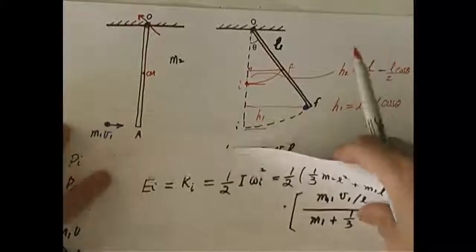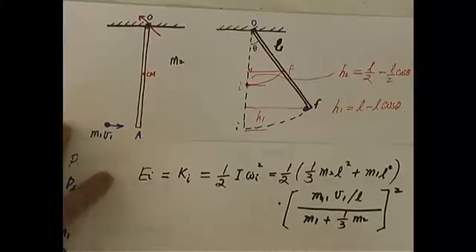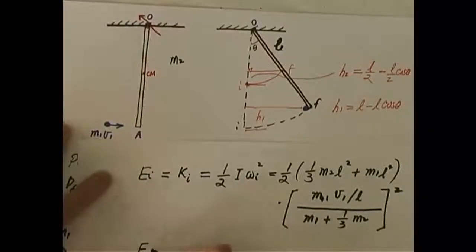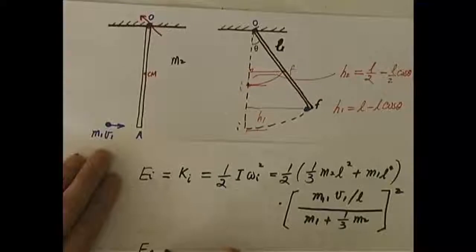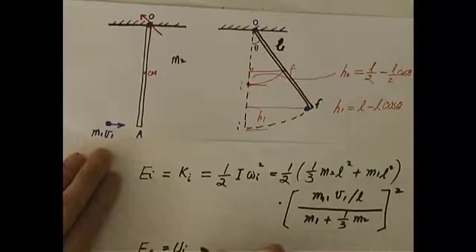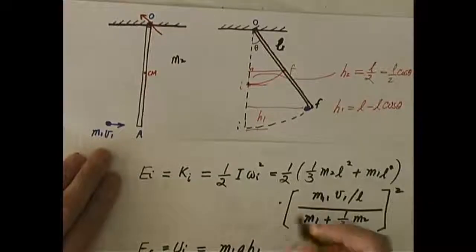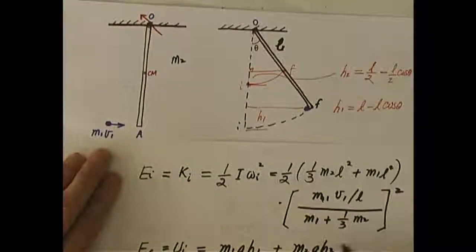Let us write down the final energy. The final energy is all potential because the initial potential energy is 0 and the final kinetic energy is also 0. E final is U final. That equals M1 G H1 plus M2 G H2.